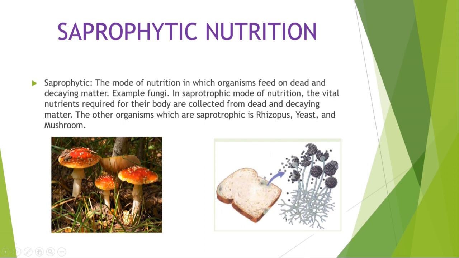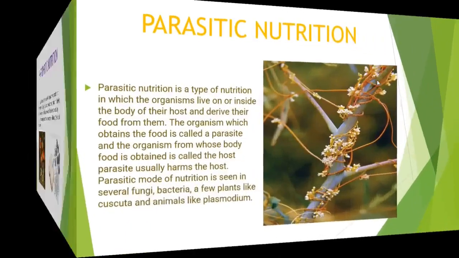Then after 7 days, we will see some black spots have grown over the bread, and that is bread mold. This is saprophytic nutrition. I have given examples of saprophytic nutrition as well, and I hope you have understood. So let's move to the next slide.